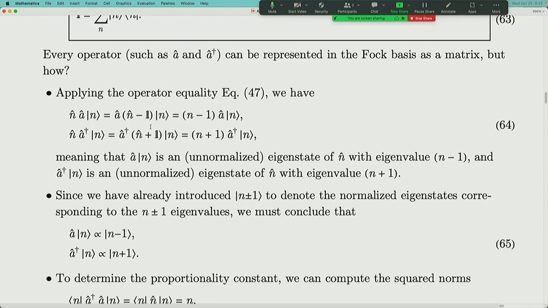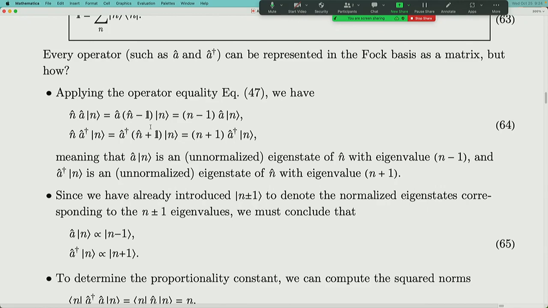But we already have a notation for the eigenvalue n-1 state, which is this state, right? So we must conclude that if we apply the annihilation operator on the state n, it must give us something that is at least proportional to the eigenstate. So this is supposed to be the eigenstate which is normalized. But this is actually also an eigenstate, also with the same eigenvalue. But we cannot guarantee its normalization because we haven't proved that it's normalized.